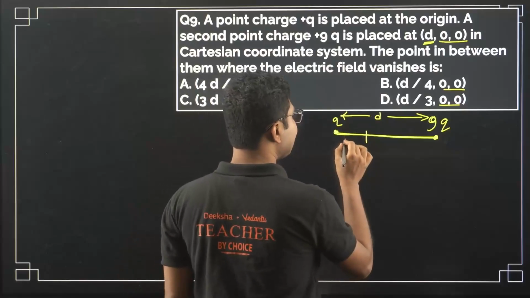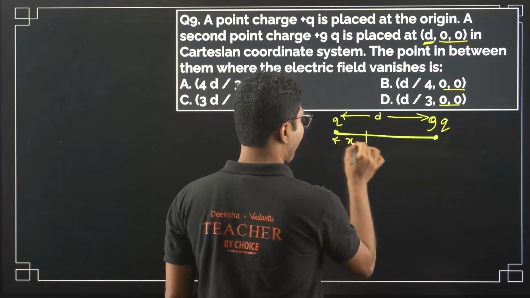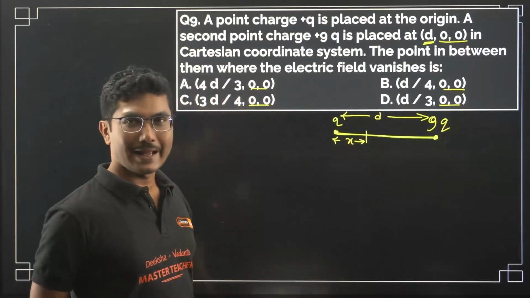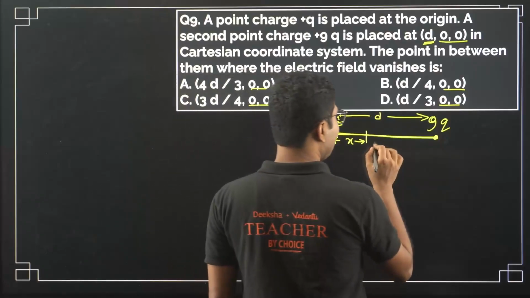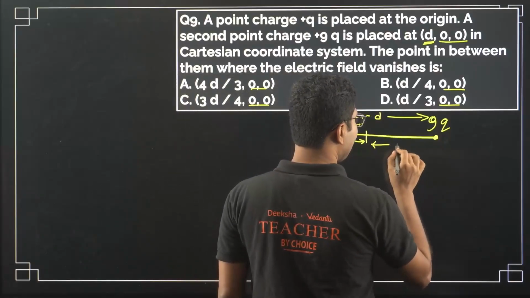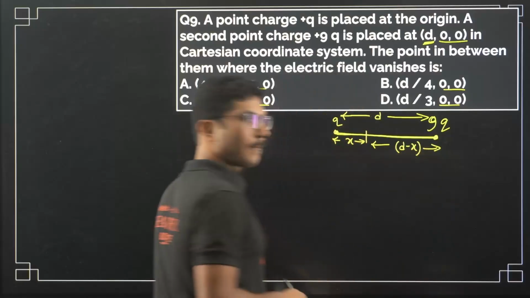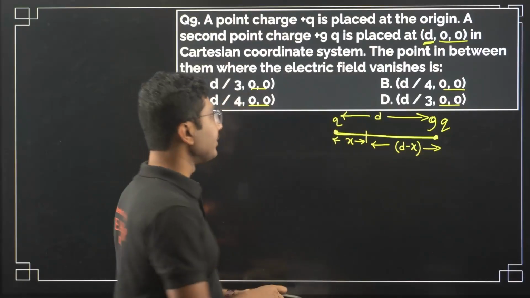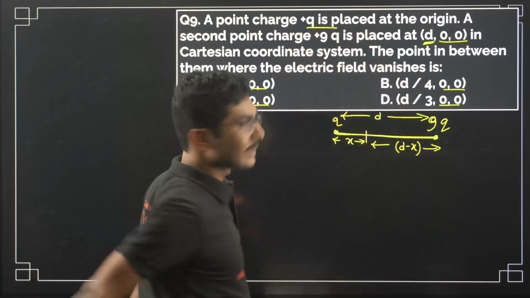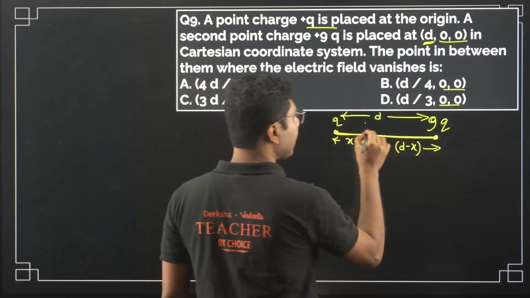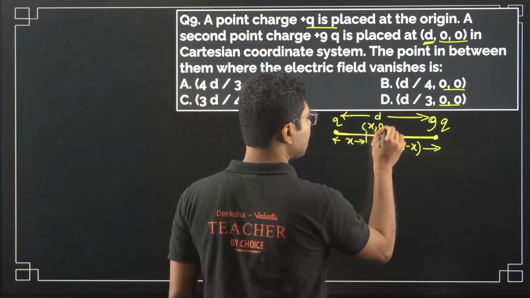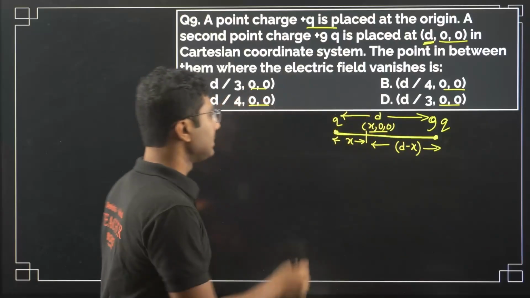Now say this distance is x. And this distance is d minus x. Obviously. Now if this is the origin, plus q is placed at the origin. So the coordinate for this point will be (x, 0, 0). This is (0, 0, 0).